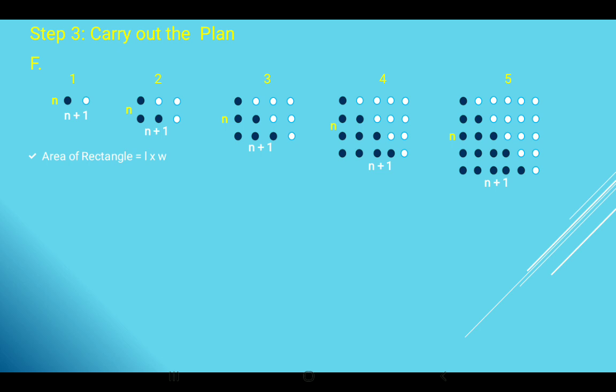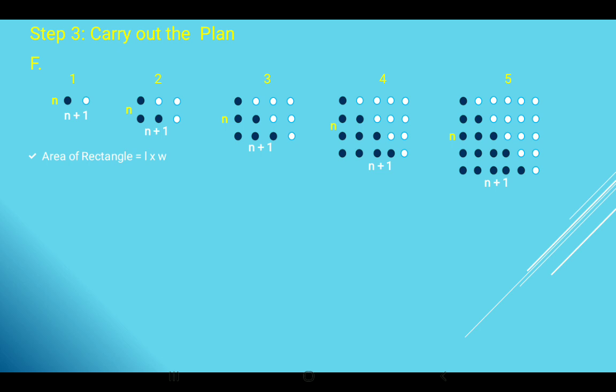So, kung mapapansin ninyo sa length natin, kung kanina sa width, i-represent natin yung mga blue dots as n. So, dito pa rin sa width, ay sa length, meron pa rin siya mga blue dots plus white dot. Kung titignan natin, yung n is equal yung blue dots plus isang white dot sa first term, magiging n plus 1 siya.